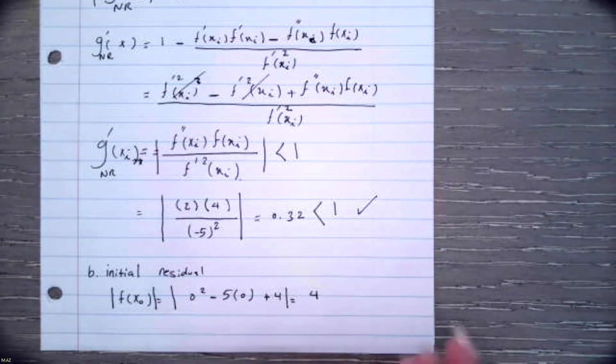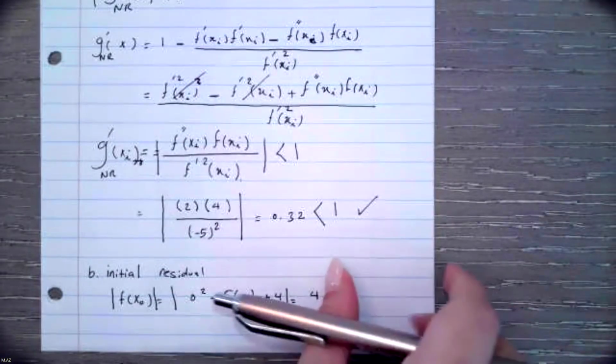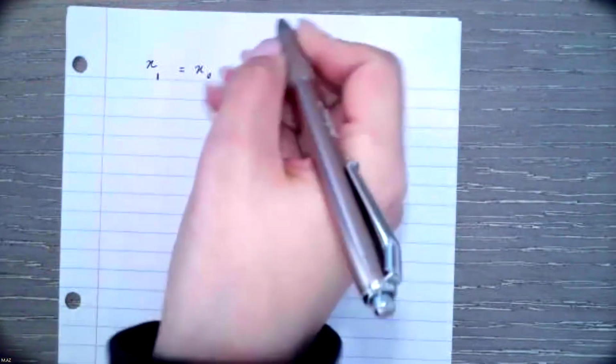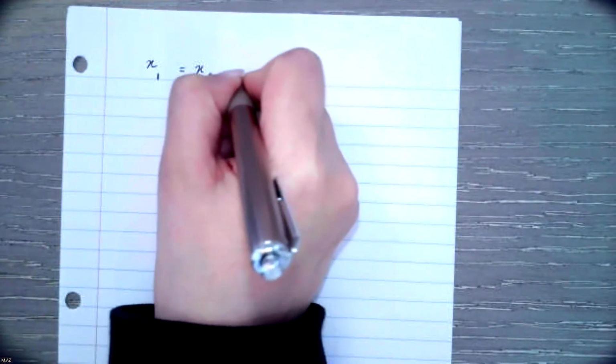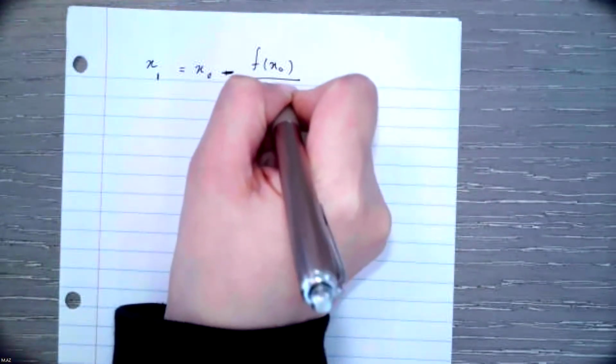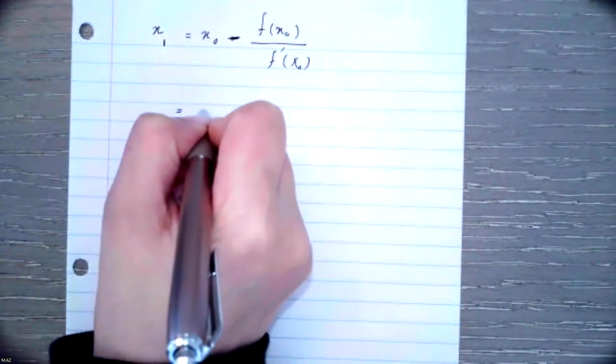Find the value of x for the first iteration, or first update, of the Newton-Raphson method. For the first iteration, we need this value. The initial guess is given as 0.